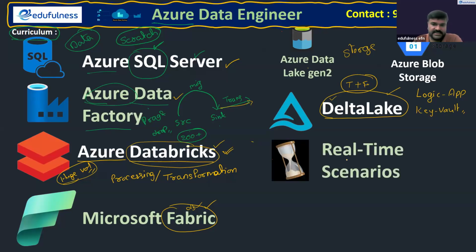Very important thing is real-time scenarios you need to understand. So around 30 plus real-time scenarios, what is frequently happening, where people are getting trouble, where people are logically missing actual concepts. Altogether 30 plus real-time scenarios we are going to discuss in the class.